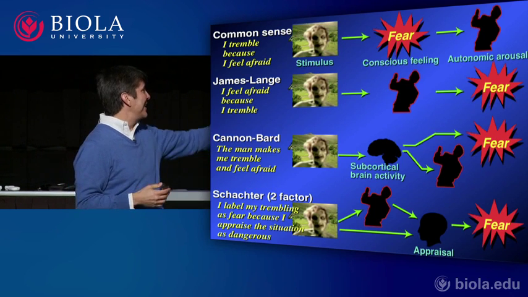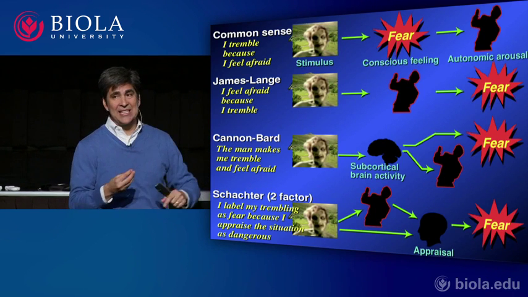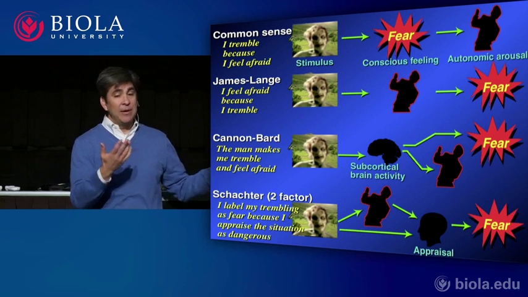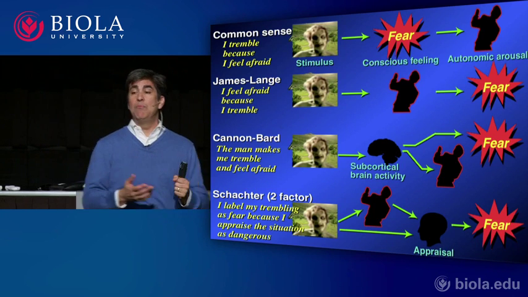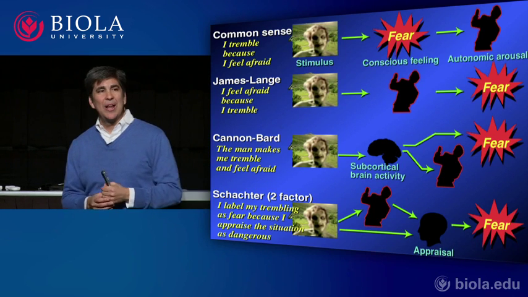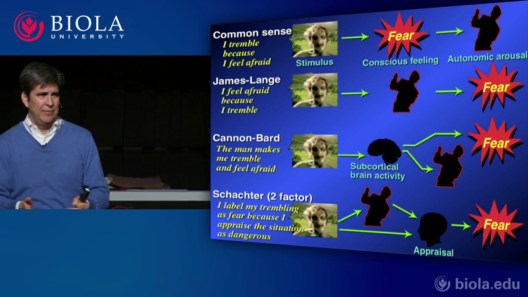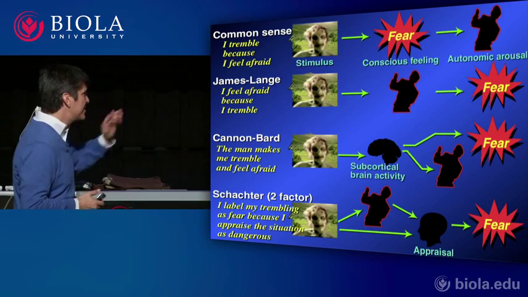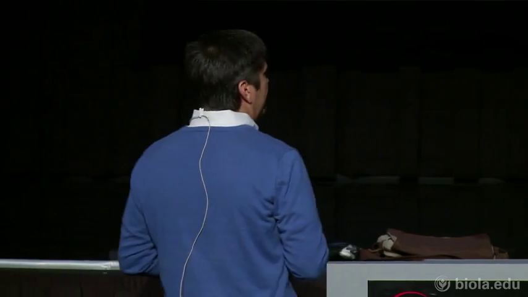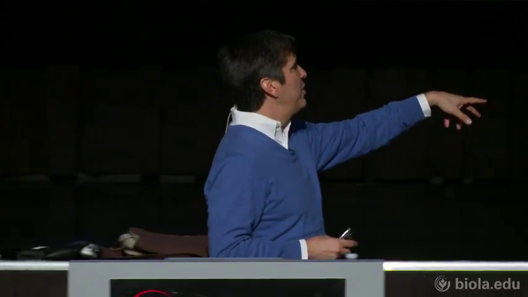So their appraisal was, this is scary. We didn't like it there. Me and another friend, it wasn't all that scary, just momentarily scary, but it was more kind of exciting and cool and whatever. So we just labeled things differently, okay? That's the Schachter two-factor. Your experience of a particular emotion depends upon how you label it.